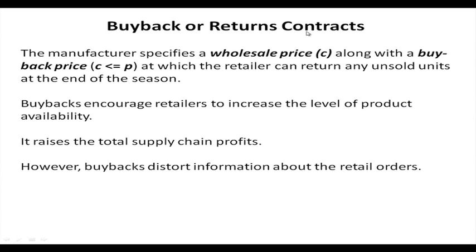Buyback or returns contracts. Here the manufacturer specifies a wholesale price, call it C, along with a buyback price P, at which the retailer can return any unsold units at the end of the season.